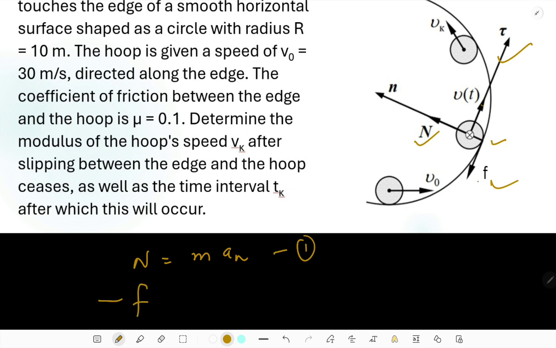So I write minus F is equal to mass into acceleration along the tangential direction. So it's all normal and tangential acceleration.